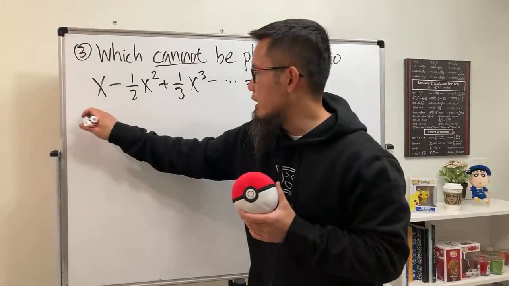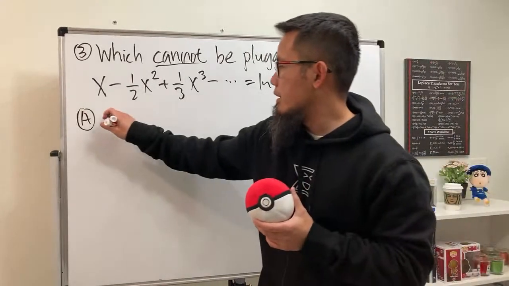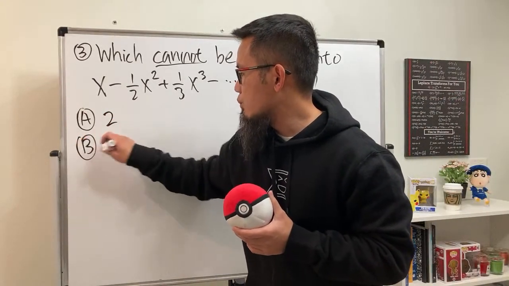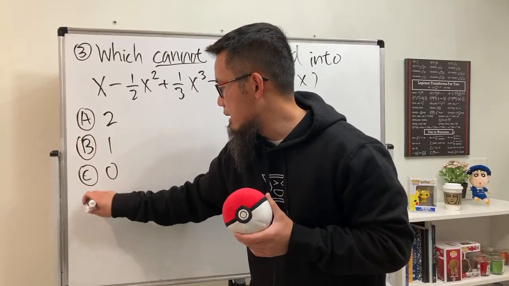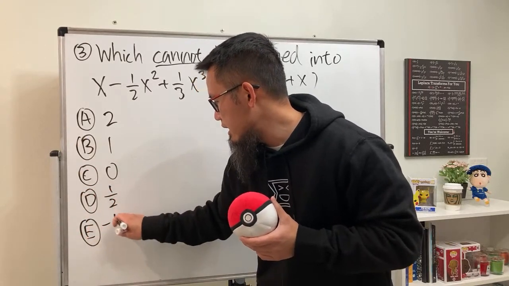I'm going to give you guys options. Option A is 2, B is 1, C is 0, D is 1/2, and then E is negative 1/2.